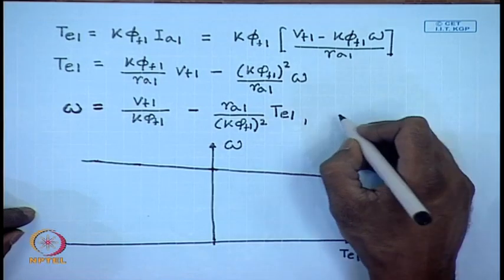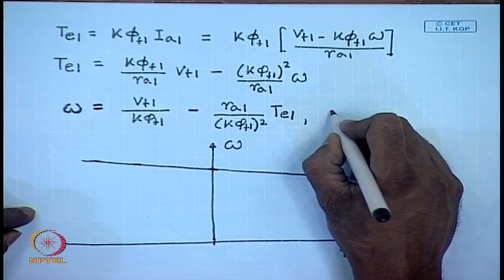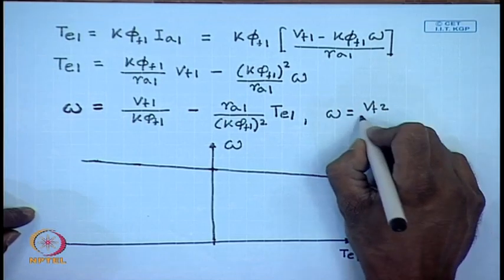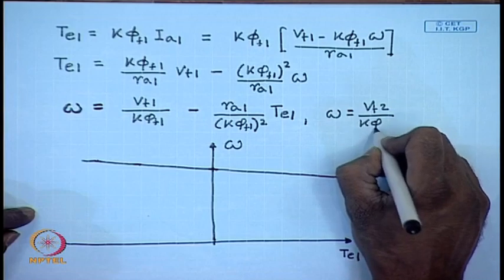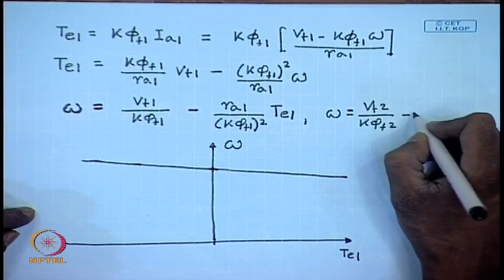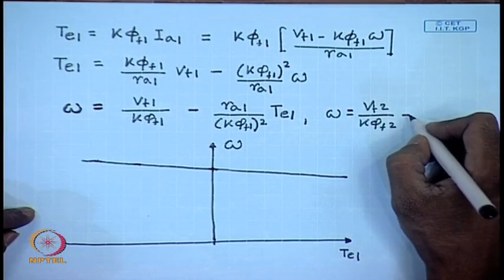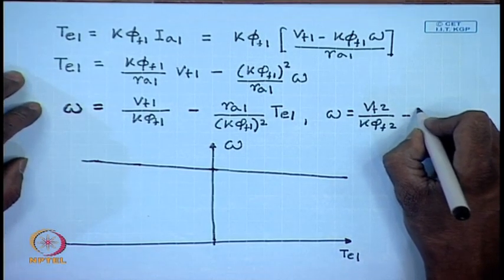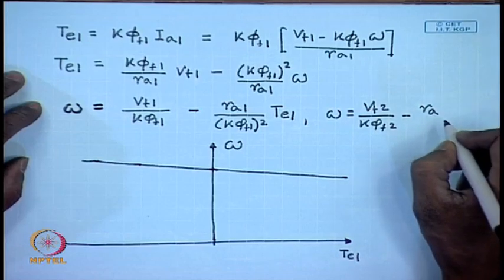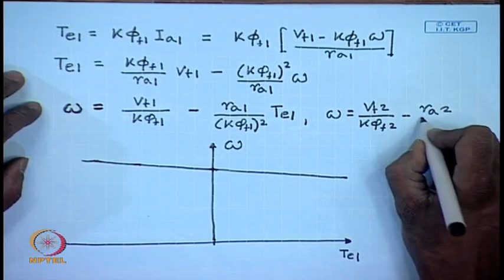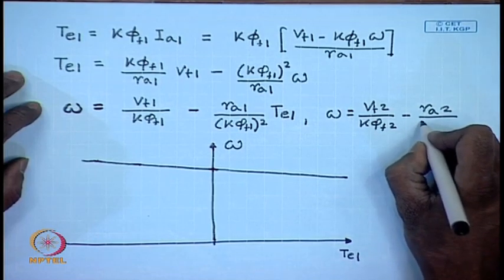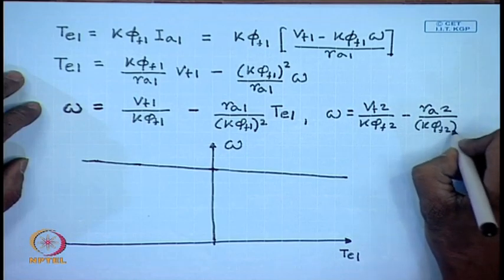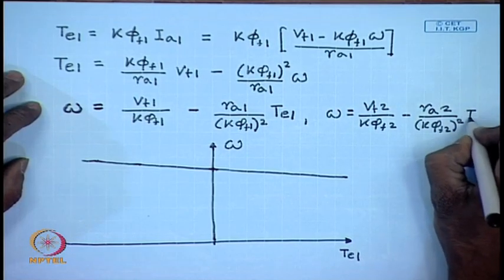Similarly, for the second machine we can write omega equals V_T2 by K phi_F2 minus R_A2 divided by (K phi_F2) whole square T_E2.